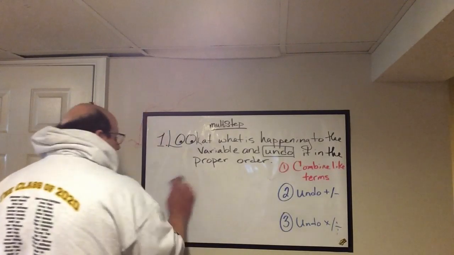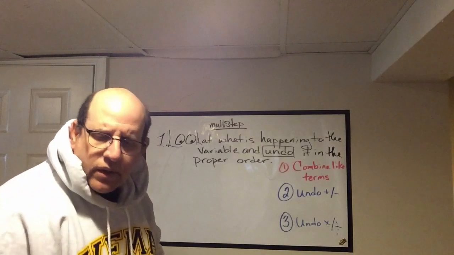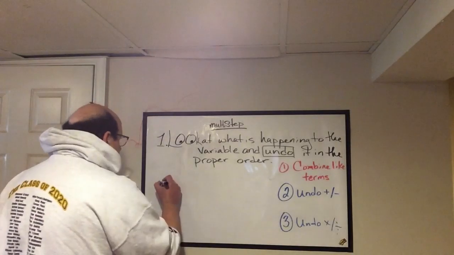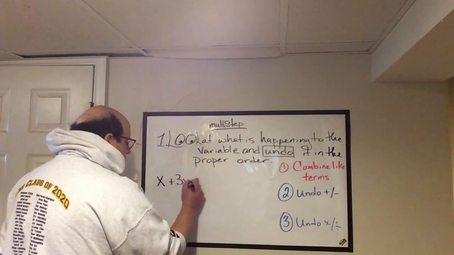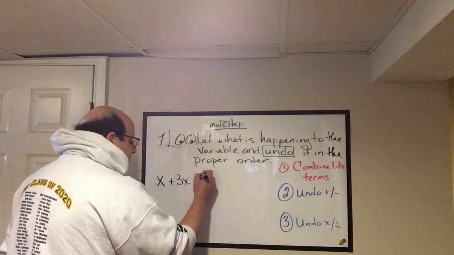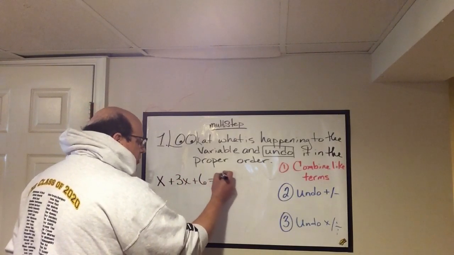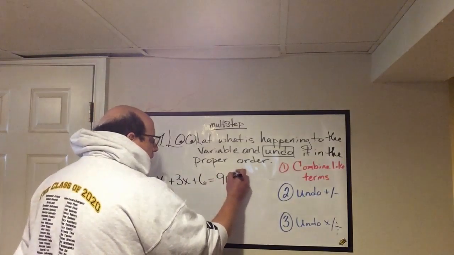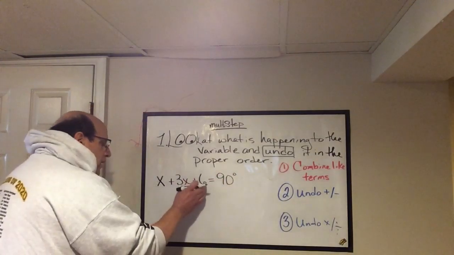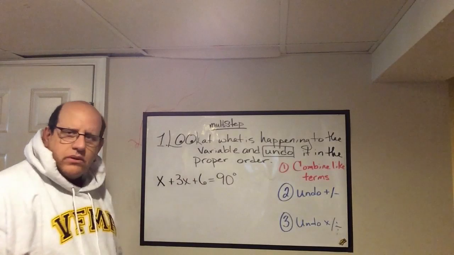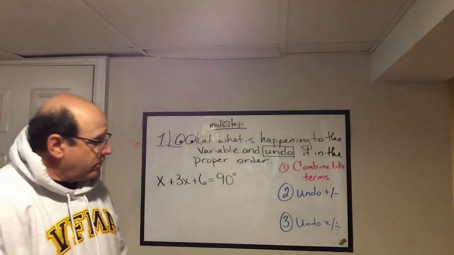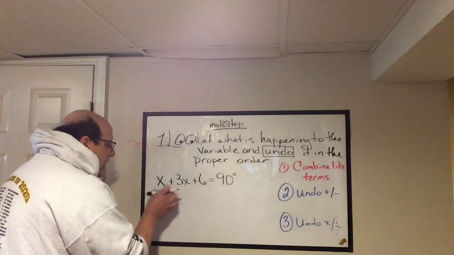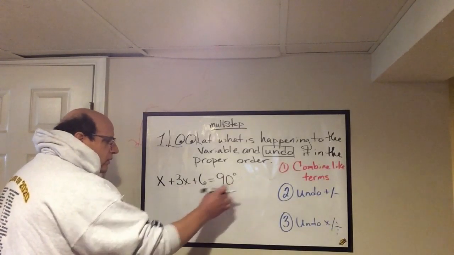The second example was x plus 3x plus 6 equals 90 degrees, right? We had the two angles in the triangle, in a right triangle, and so these two angles had to equal 90 degrees.